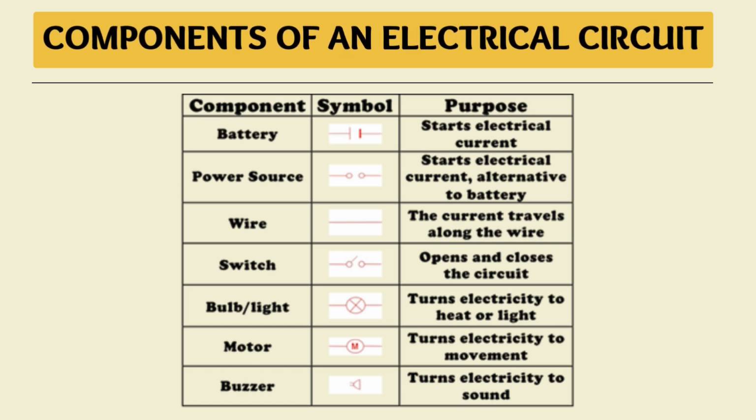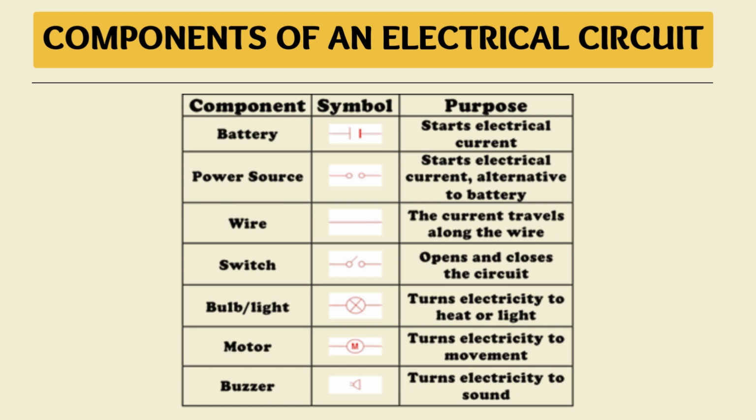Now let's look at the parts or components of a circuit. Each component has a specific job. A cell gives us the energy to start the flow. A battery is more than one cell joined together to give even more energy. Wires connect everything and carry the electricity. A switch can stop or allow the current to flow.